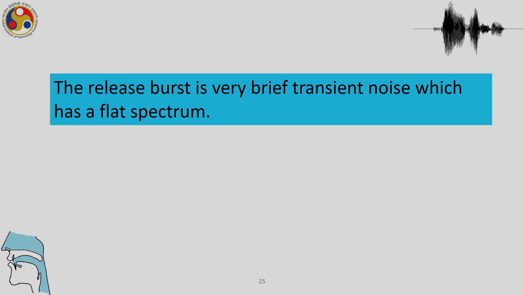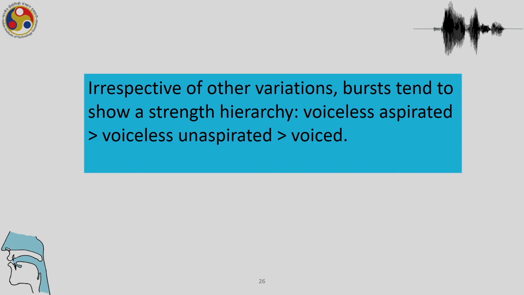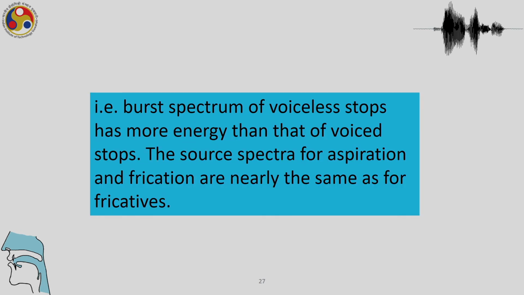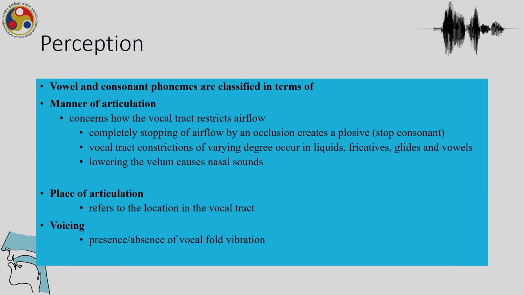The release burst is a very brief transient noise which has a flat spectrum, and voiceless stops have more energy than voiced stops in the burst spectrum. The source spectra for aspiration and frication are nearly the same, that is, the noise.